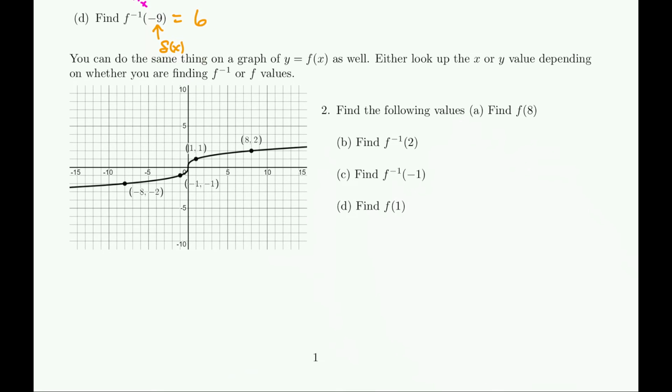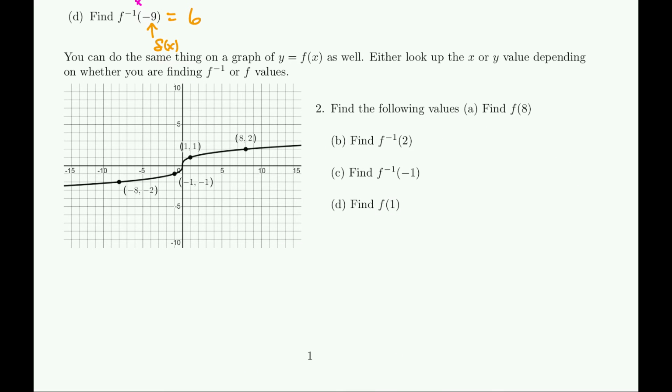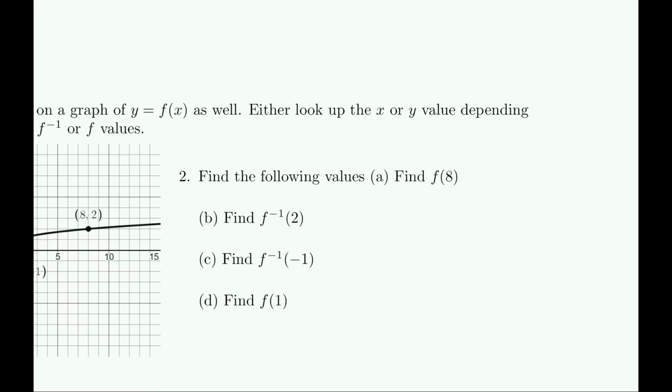Now the thing is that if you can do this with a table, then you can do the same exact thing with a graph, right? So if I ask you to find f of 8, you would know that this 8 is an x value, and that your answer would be a y value.